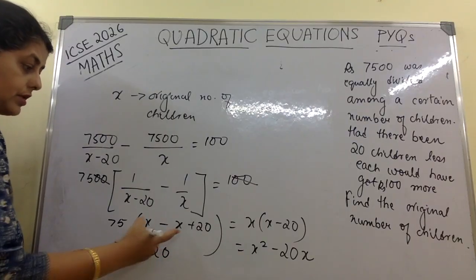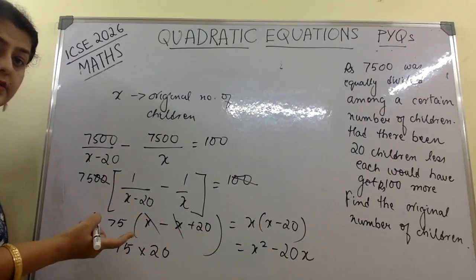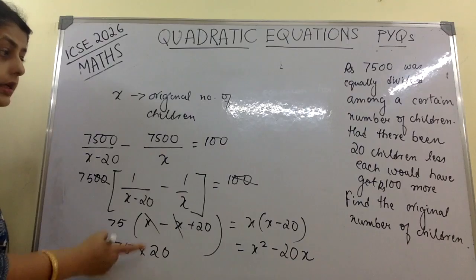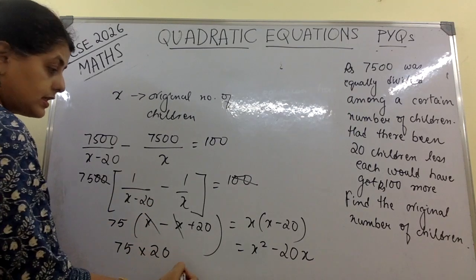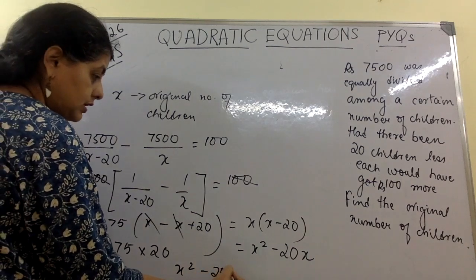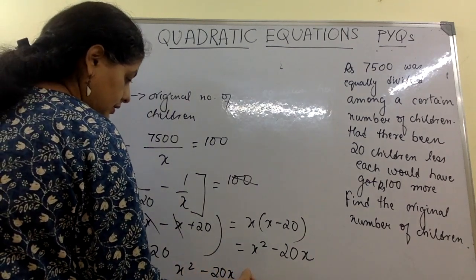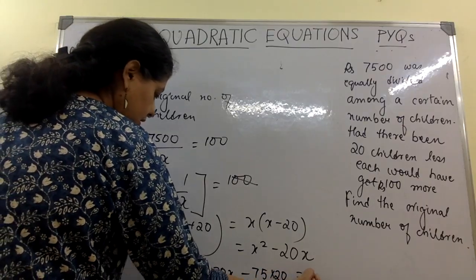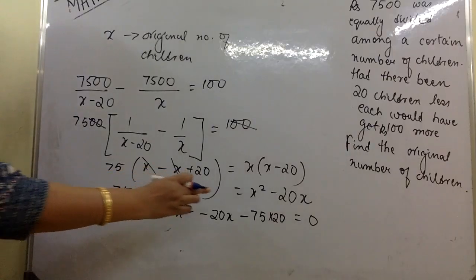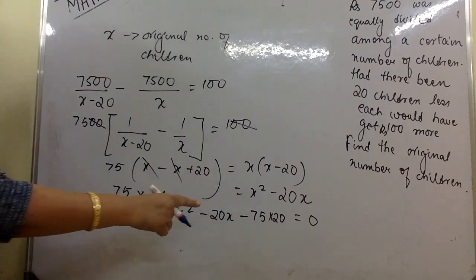That's all, because this is cancelled. So 75 into 20. Now how do we do the sum? So it becomes x square minus 20x minus 75 into 20, okay, which is equal to 0. This is 1500.